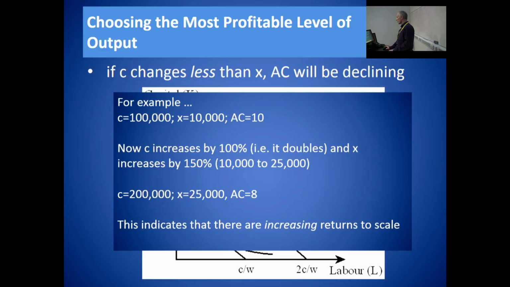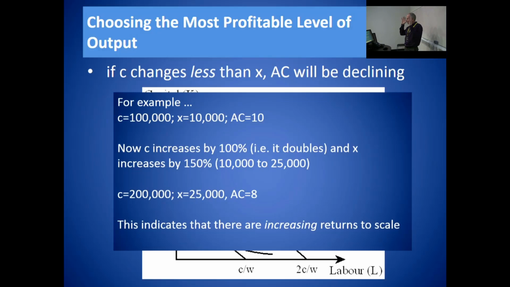And the firm is producing 10,000 units of output. If that were the case, long-run average cost is cost divided by output, C over X. 100 divided by 10 equals 10. So our average cost is 10. So that's our starting point. Long-run average cost is 10.